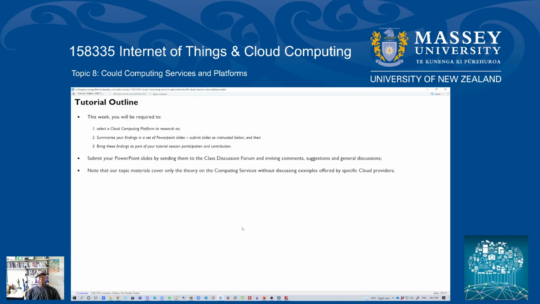Right, the tutorial is really designed to help you to understand deeper what we call cloud services. You are to select a cloud computing platform to research on, and it could be Amazon's AWS cloud, or Google Cloud, or IBM's cloud as well.